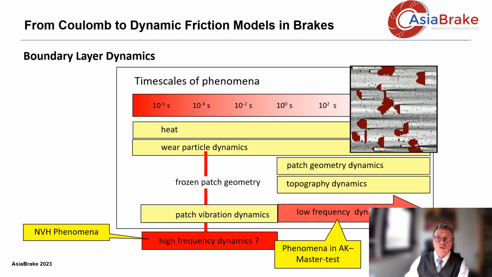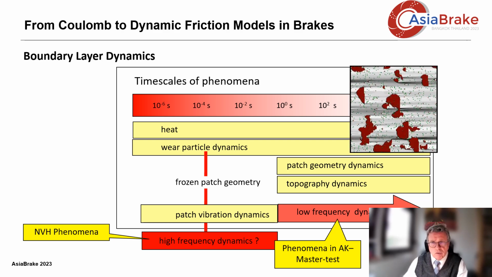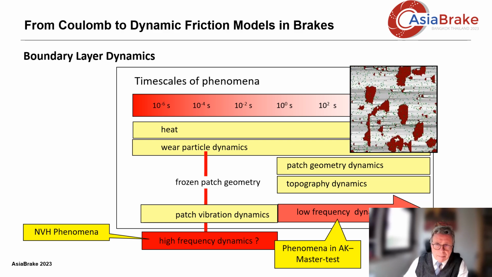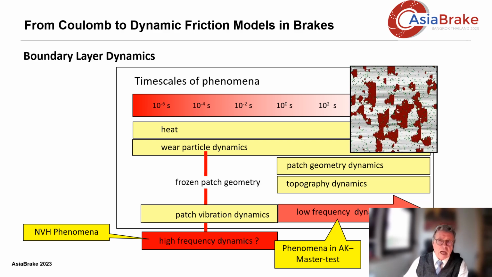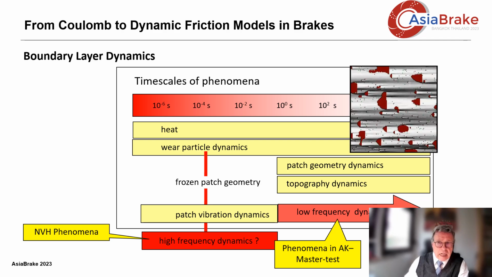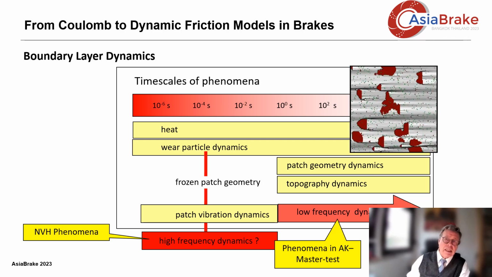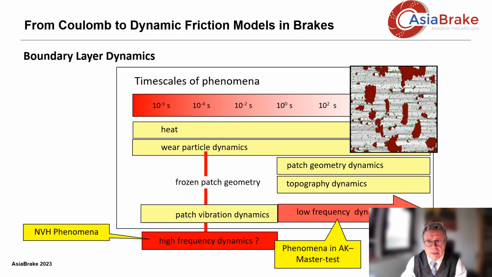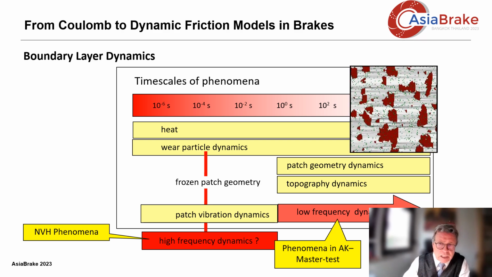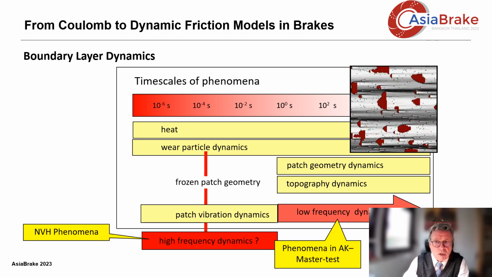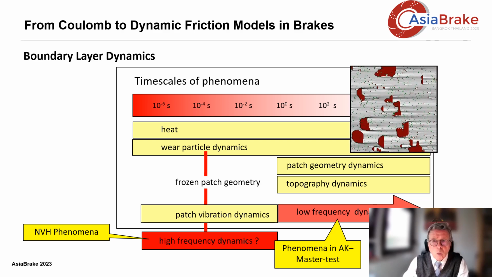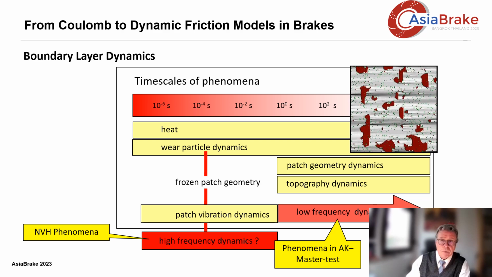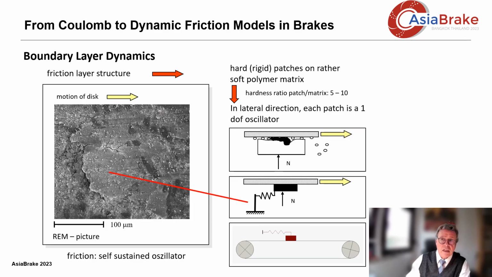Please let us look into the frequency content of the friction coefficient. The geometry dynamics of the patches only describe a rather slow dynamic of friction, as can be seen, for example, in the Akamasa test. But there are also high-frequency time signals to be found, such as those that occur in the well-known NVH phenomena. You see here a single patch. This can move on the polymer matrix.